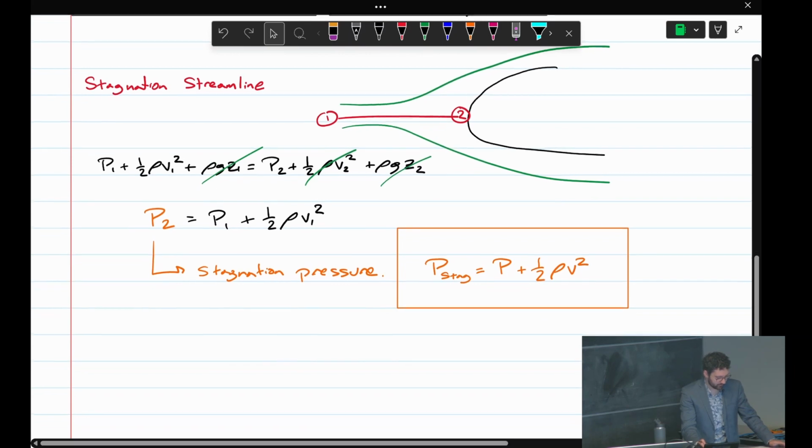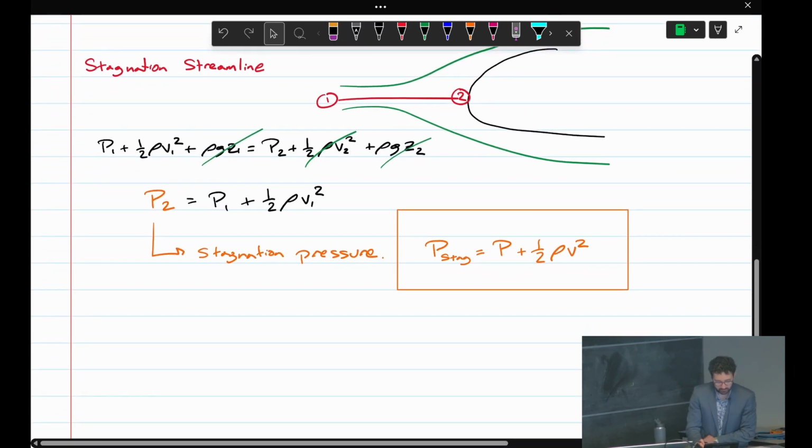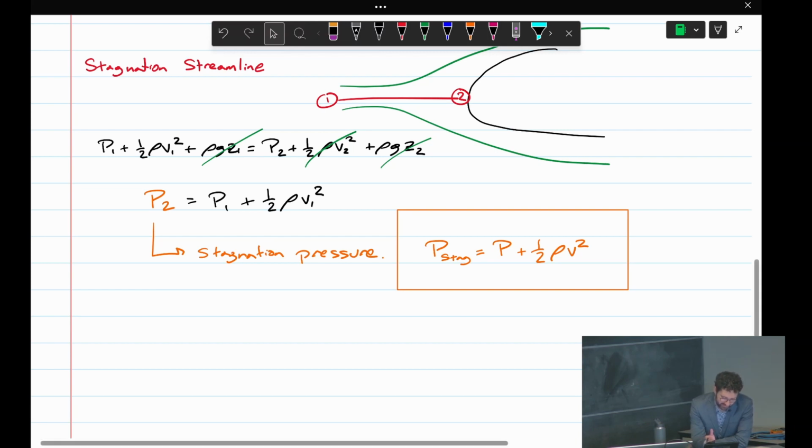Okay. So let's say we had some pressure measurement devices in here. What the device that I showed on the slide does, it doesn't actually measure the velocity directly. It just measures a couple of different pressures. And from measuring those pressures, you can calculate the velocity in a fairly reliable way.